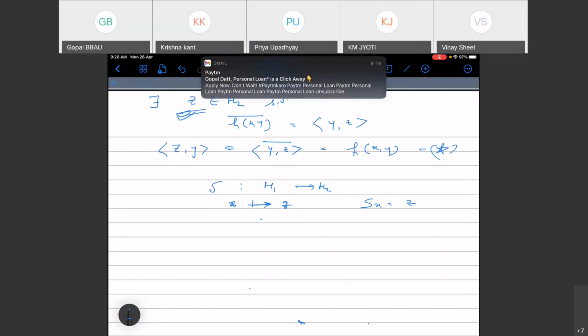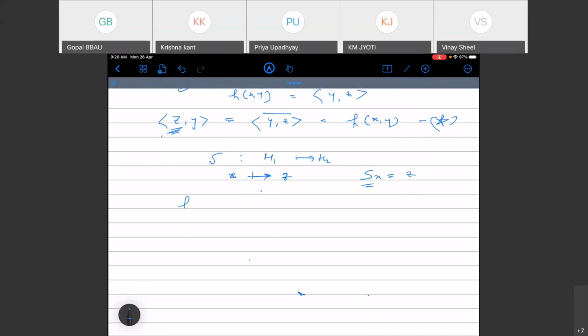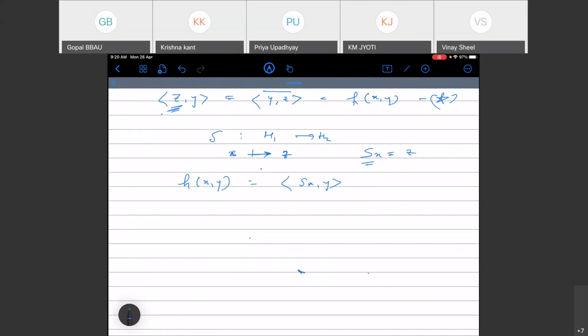Now you may substitute this z by sx. You write here sx in place of z. So what you get is h x y is sx comma y. Correct? Any doubt? Hello?